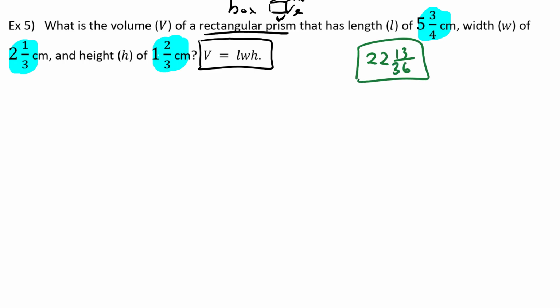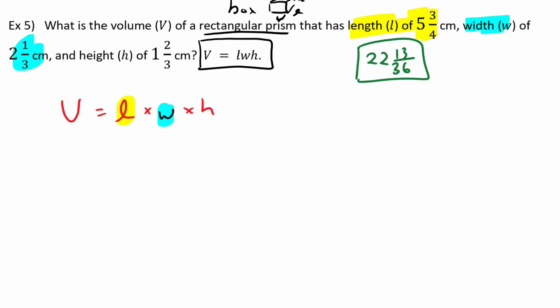So here is the correct number. Let's work through it together. So volume equals length times width times height. Let's go back here. Here we have the length is right here. The width and the height. So what we're going to do is substitute.